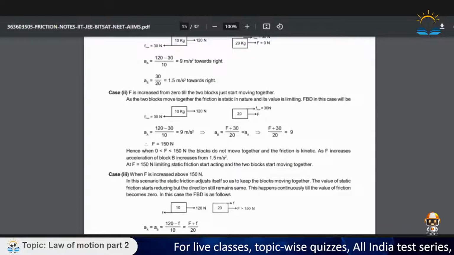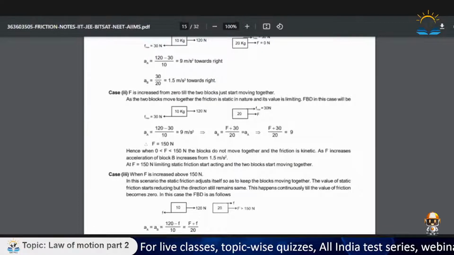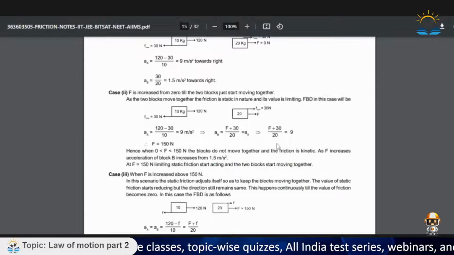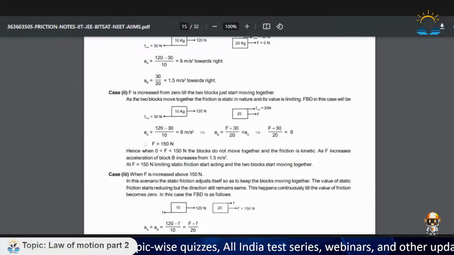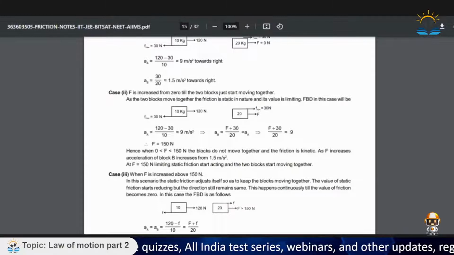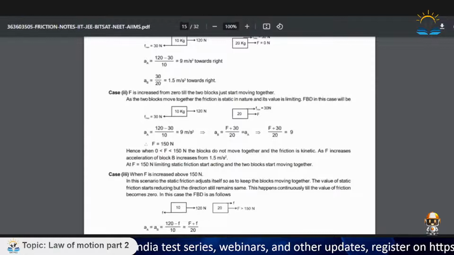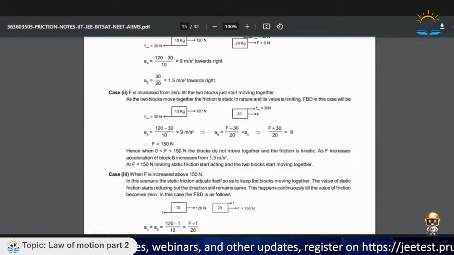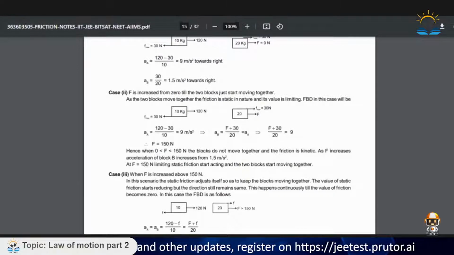And acceleration of B would also be the same. So (F plus 30) upon 20 would be equal to 9, and we get F equal to 150 Newton. So when F is between 0 to 150, the blocks do not move together and the friction is kinetic. As F increases, the acceleration of block B increases from 1.5 meter per second squared to 9 meter per second squared.